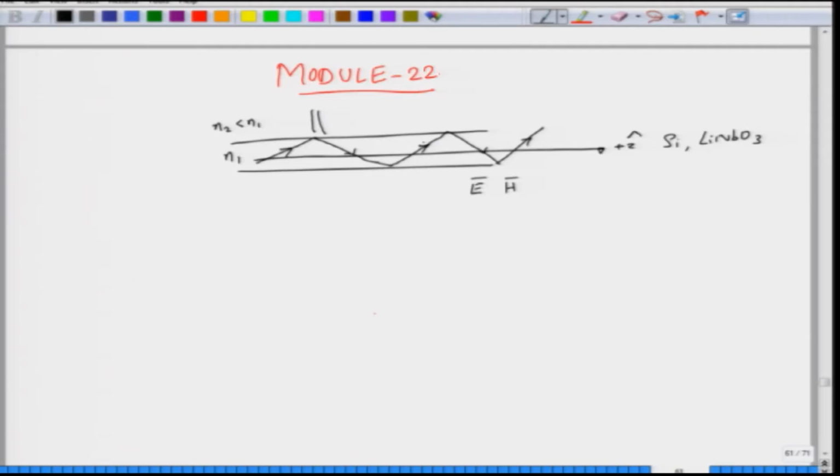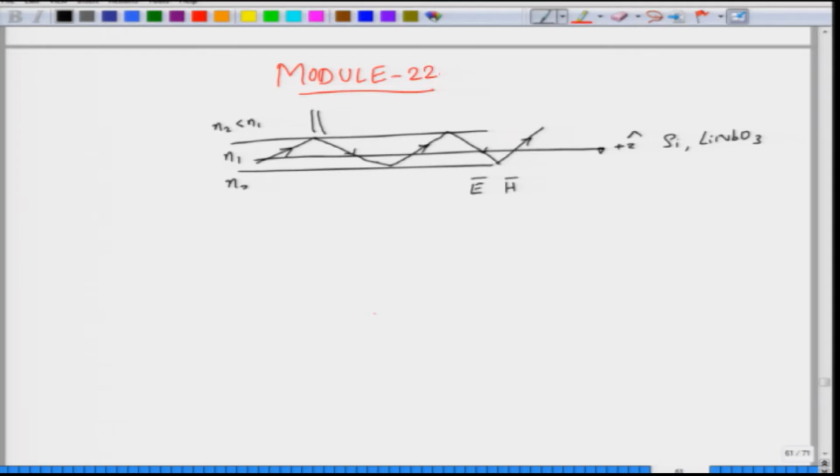Rather than that, we will simplify the problem to a single layer structure in which we have a channel formed by a material whose refractive index is higher than the refractive index outside. Now, in practice you will not normally see such symmetric slabs, especially in optical integrated circuits.